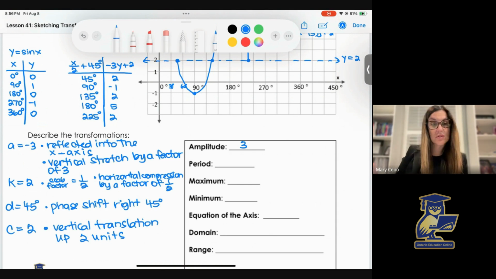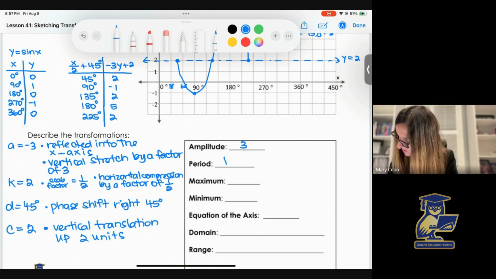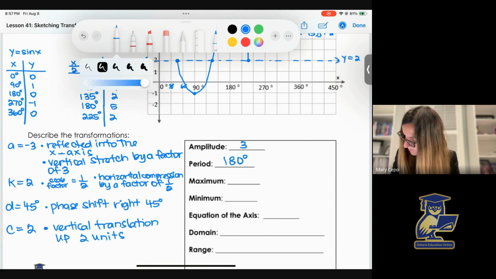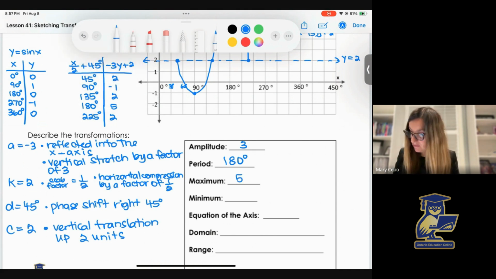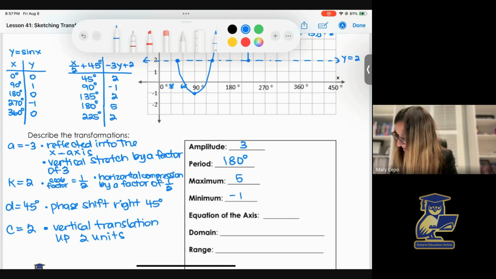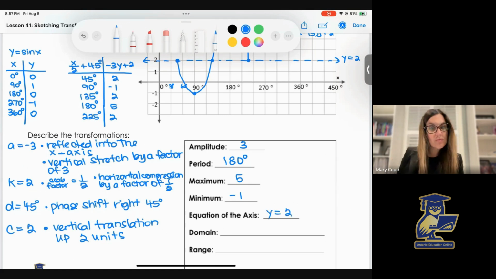Again, the difference between 225 and 45, which is 180 degrees. The maximum in this case we see is 5. The minimum is -1. The equation of axes we know is that C value, which is y equals 2.